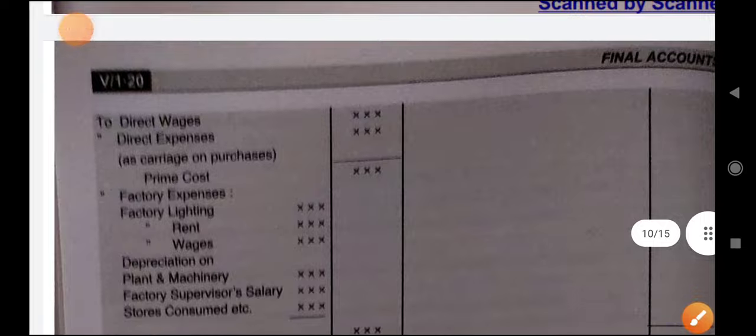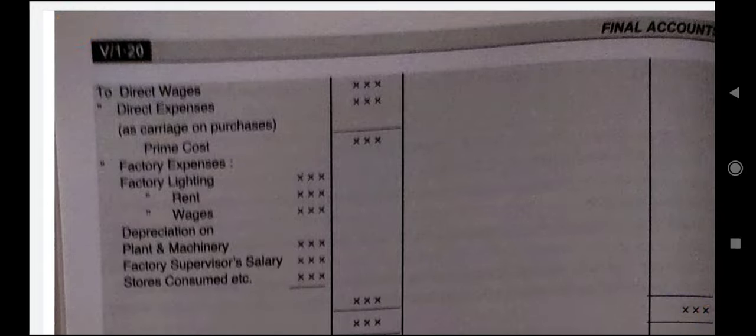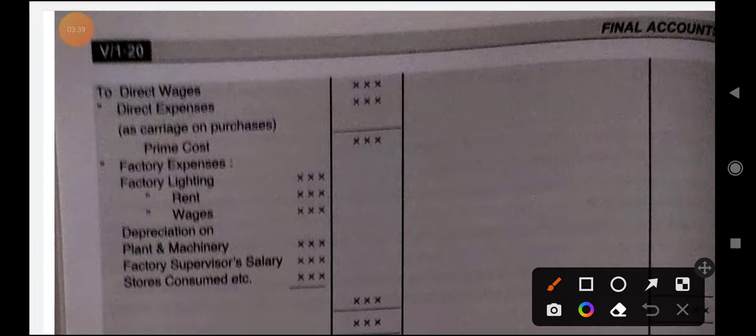And all manufacturing expenses, that is expenses incurred for making the product, all direct nature expenses, will come under this: direct wages and direct expenses, carriage on purchases, for example. This will give you prime cost.